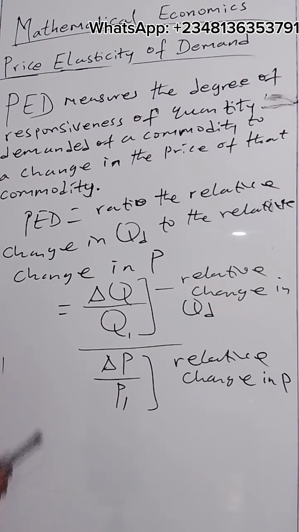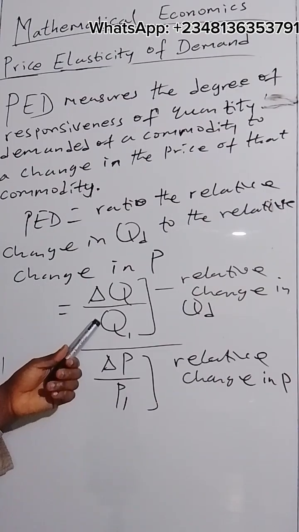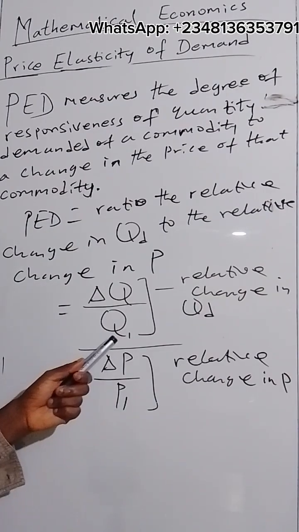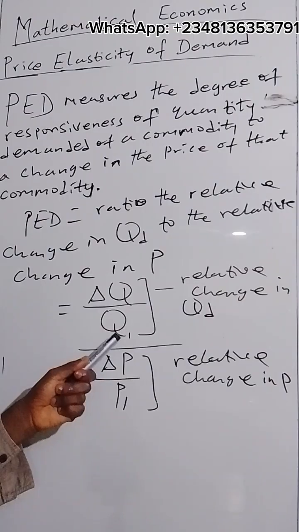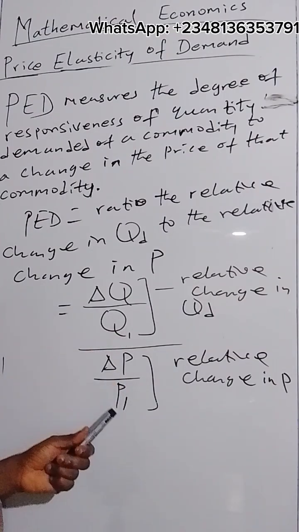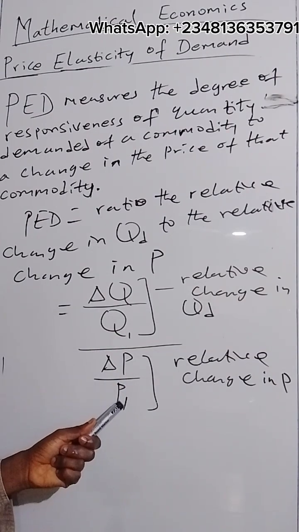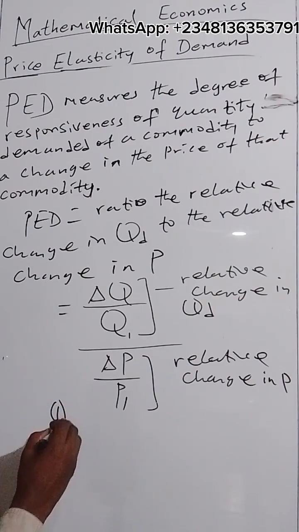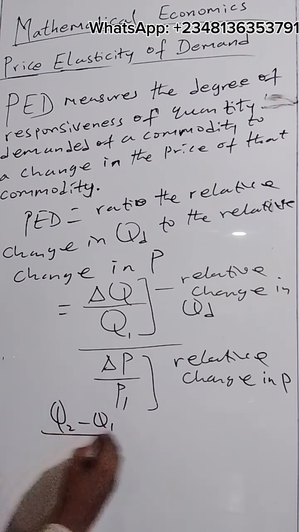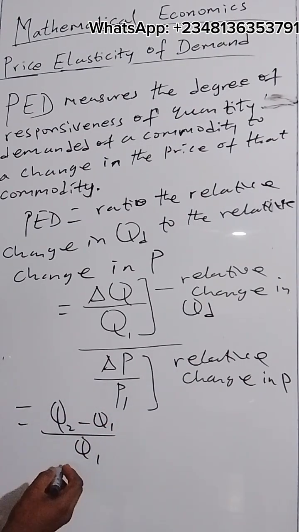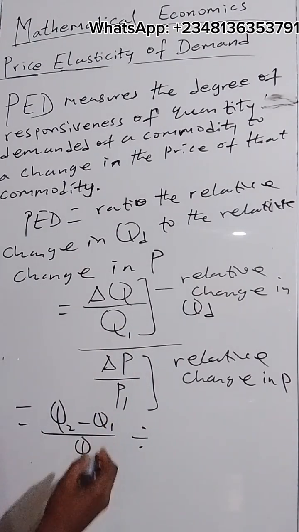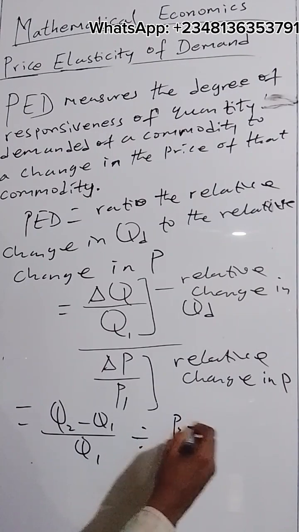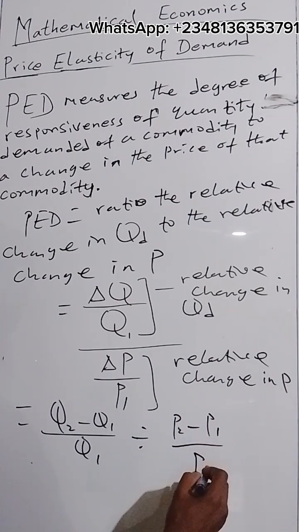Hope you are following. Mind you, this Q1 implies the initial quantity demanded, while this P1 implies the initial price. We can rewrite this as Q2 minus Q1 over Q1, divided by P2 minus P1 over P1.